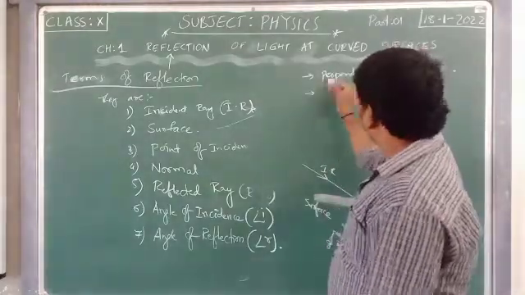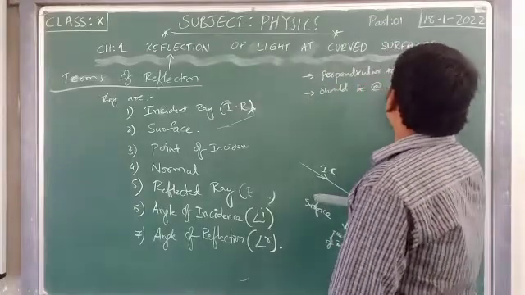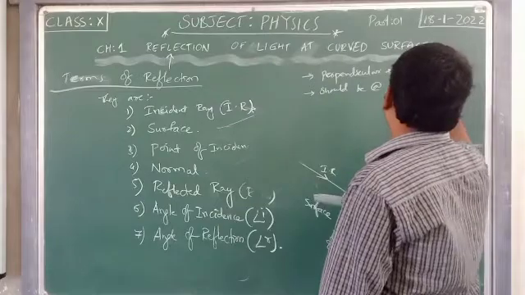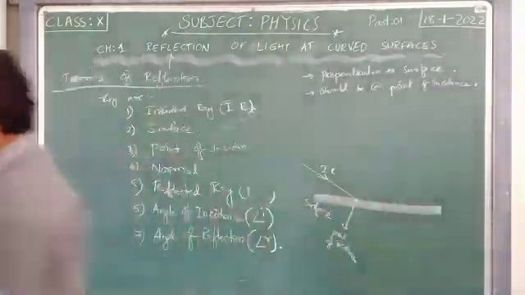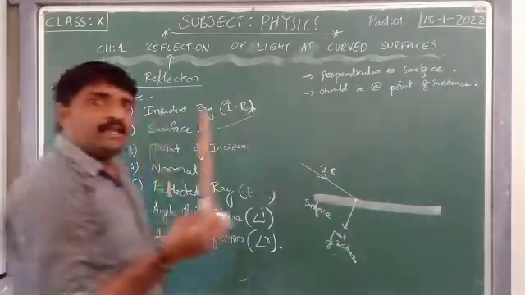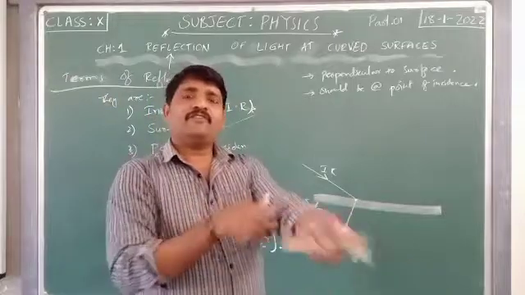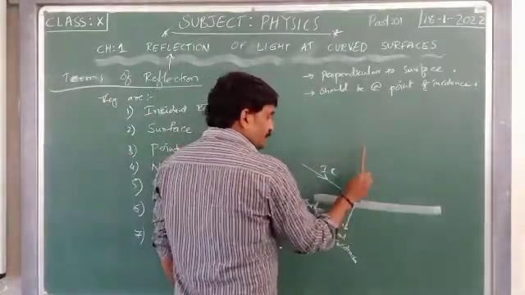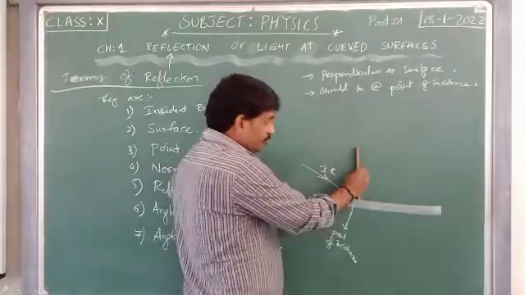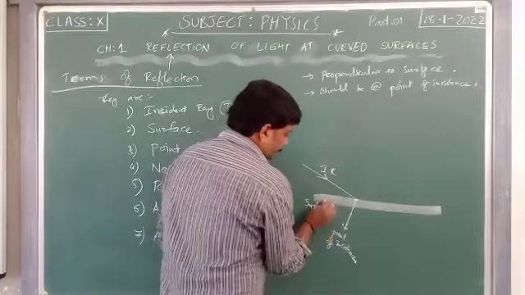Second point, it should be at the point of incidence. Two conditions should be satisfied. For example, if I assume this is a normal, it should be at the point of incidence, and it should be perpendicular to the surface.